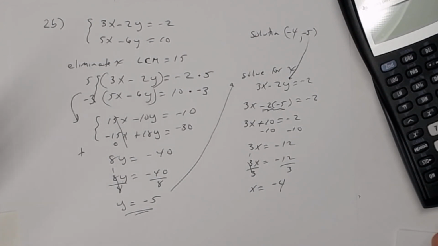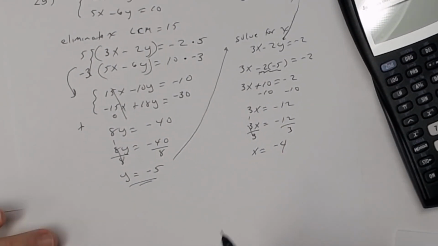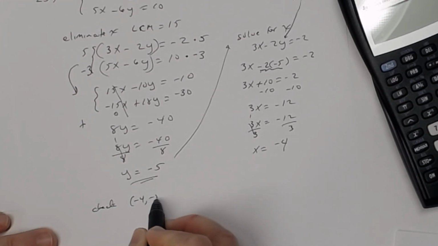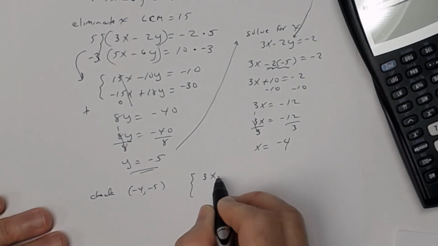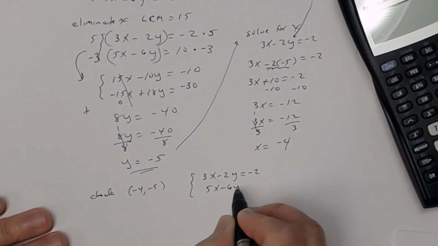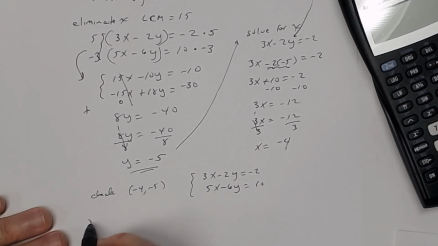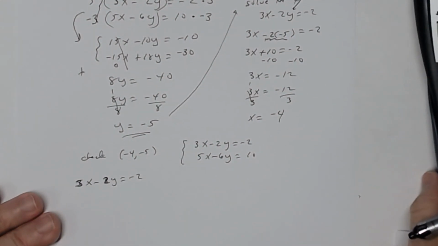Now, if you have time, you should always check this, especially if those are integers. So let's just check it. So we're going to check negative 4, negative 5. All right, you go back to the original. And when you go back to the original, you have to check both equations. So let's do the first one. 3x minus 2y equal negative 2.